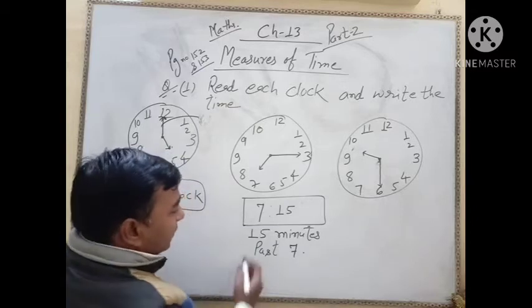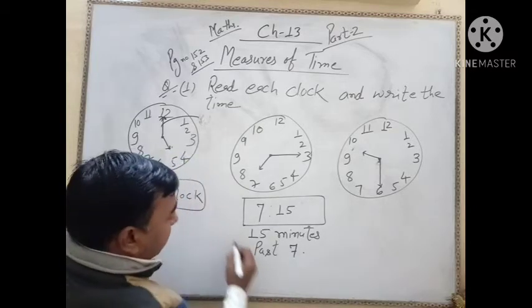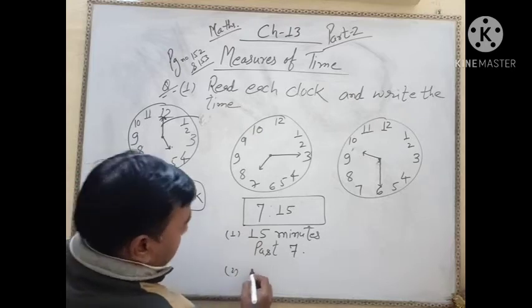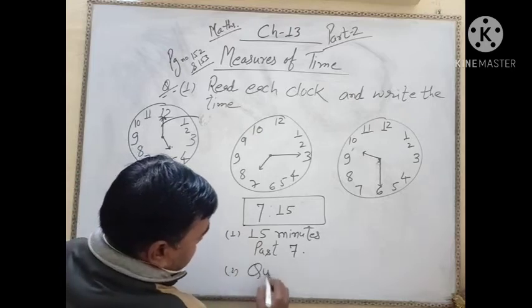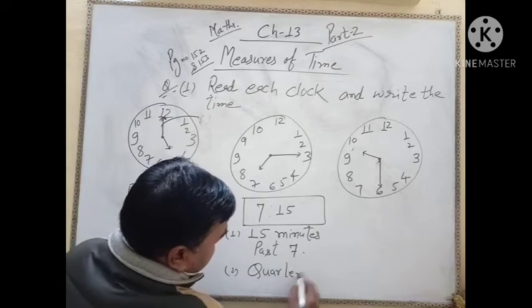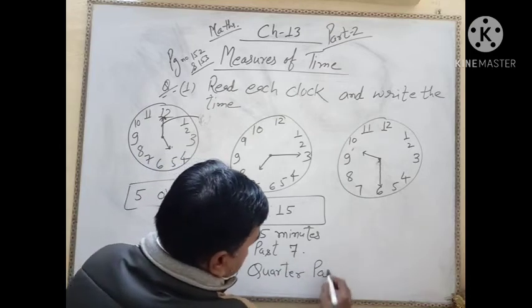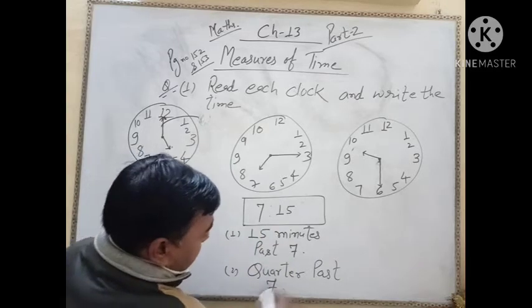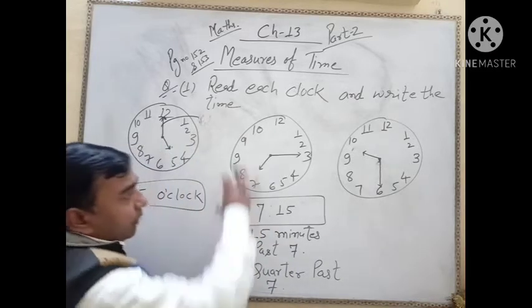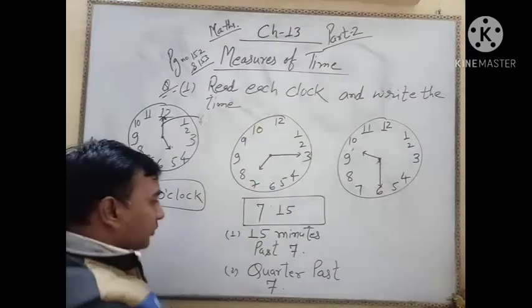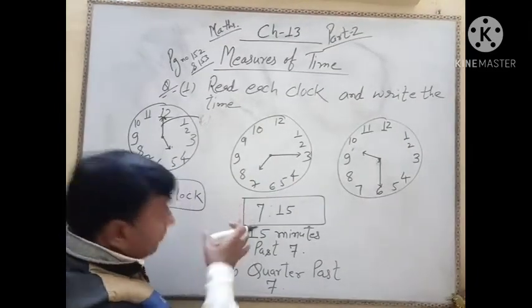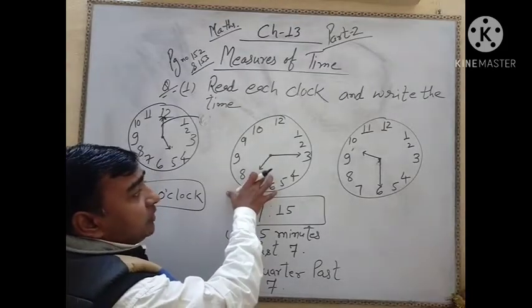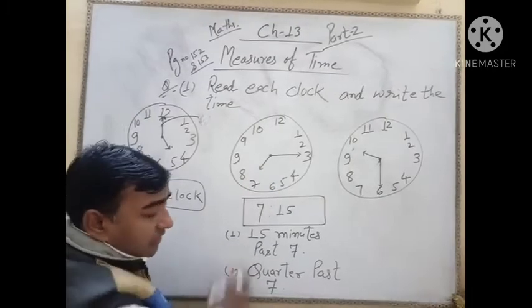In another sentence, we can write quarter past 7. You can see that in the second clock, I have written this time which is showing this clock in two different sentences.